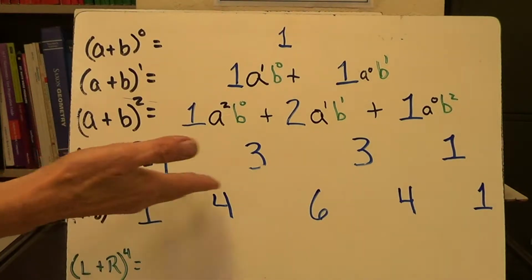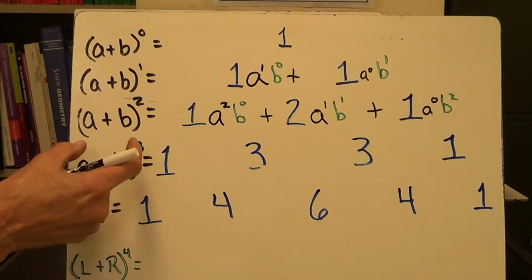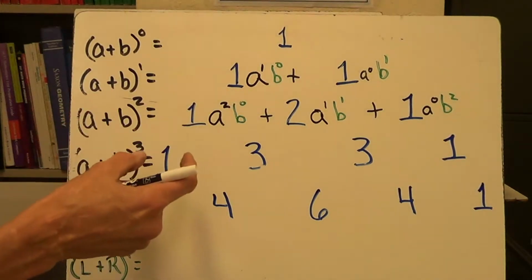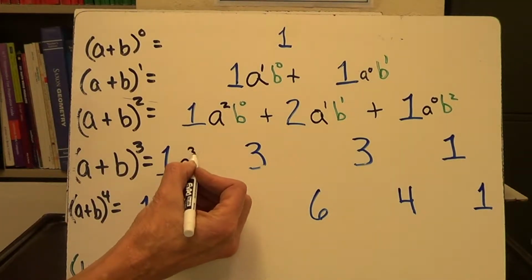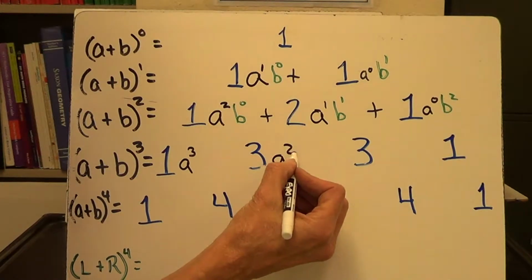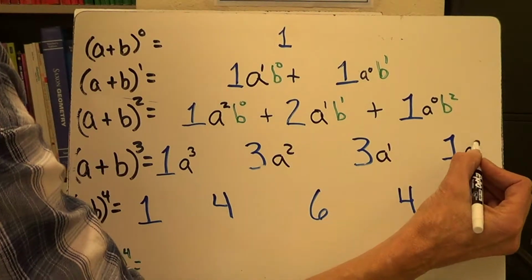It makes it really handy when we get down to what you just multiplied on the first screen, because you're going to go a lot faster here. So now, on the third level, this would be multiplying a plus b times a plus b times a plus b. The answer will be, here we go, a cubed, a second, a first, a to the 0th.